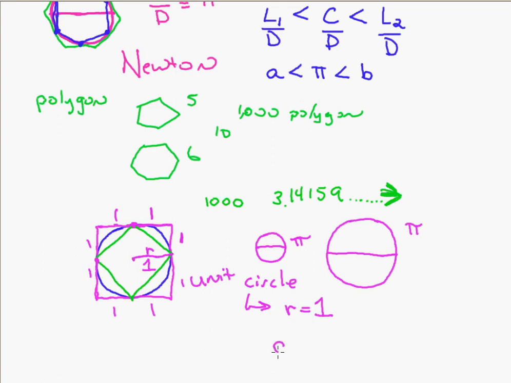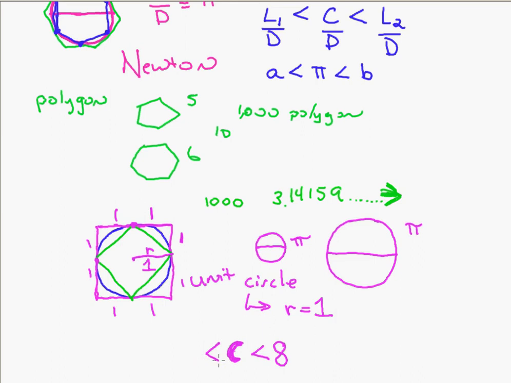So the outside polygon, the length is going to be equal to 8. And that's going to be less than our, let's see, diameter. Oh wait, no, sorry. Circumference. Less than our circumference. That's a C. Oh my gosh, it's a terrible C.